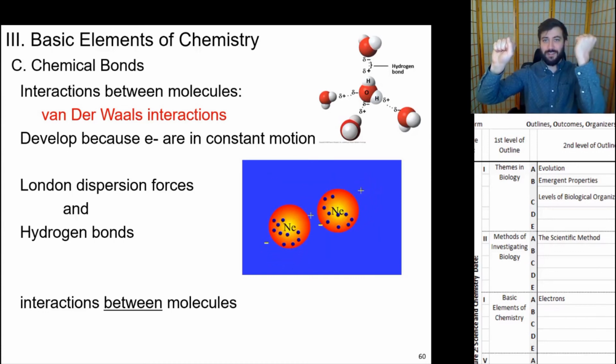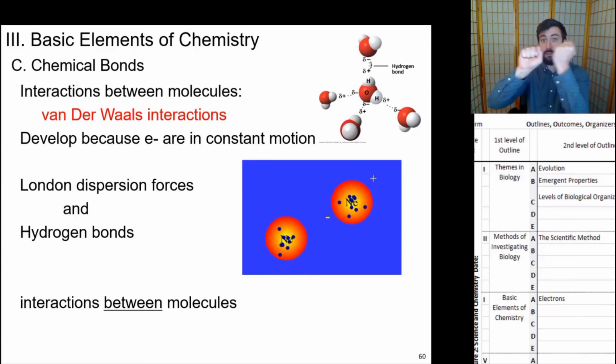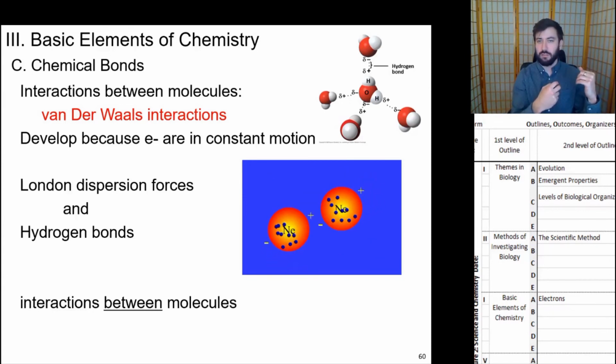You have this side of molecule B that is likely to be negatively charged. So they're likely to be drawn together like this. And that's just because of how the electronegativity of the constituent atoms within each molecule is affecting the distribution of electrons. Does that make sense? Hopefully that makes sense.